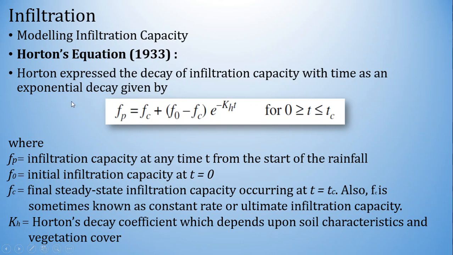So by Horton's equation, you can estimate the infiltration capacity equal to f_c plus (f_0 minus f_c) e raised to minus k_h t, where t is the time, f_0 is the initial infiltration capacity, and f_c is the final steady state infiltration capacity. By putting these values, you can find out the infiltration capacity by the popularly known Horton's equation.